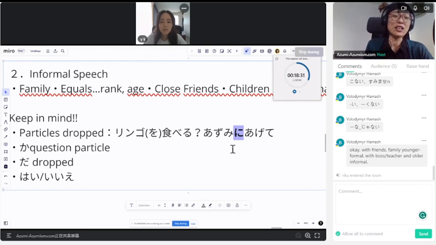So without the ni particle, the sentence doesn't work. So this ni you cannot omit. For example, あずみがリンゴをあげる, or あずみからリンゴをあげる. The preposition-like particle also you cannot drop. That's why you can't omit it.